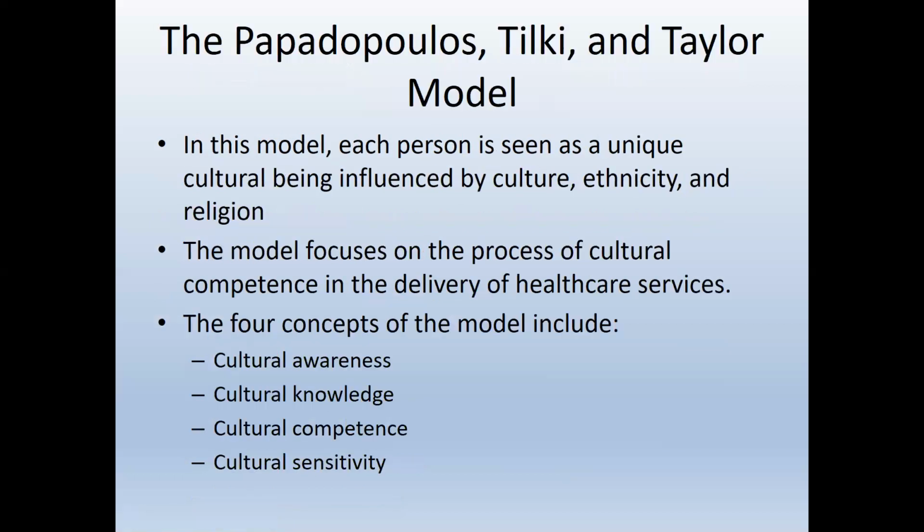Then there's the Papadopoulos, Tilke, and Taylor model. And this one is the unique person, which we discussed, and those circular concepts. So I'm sorry that I got that slide out of order.